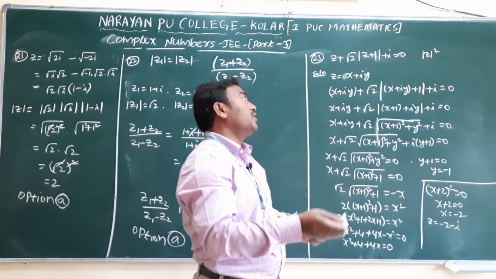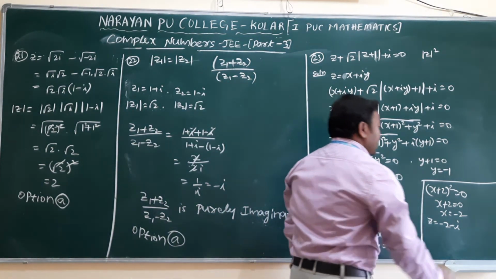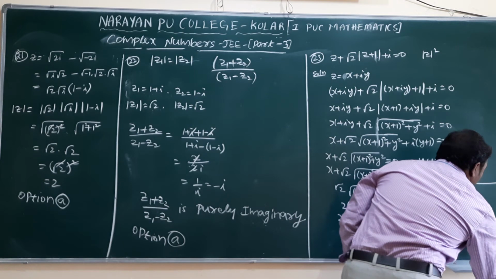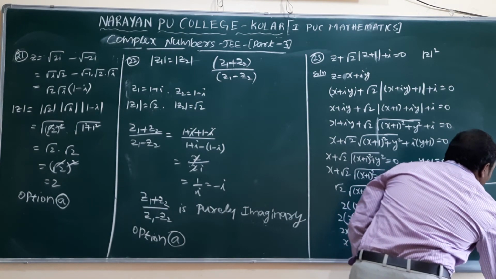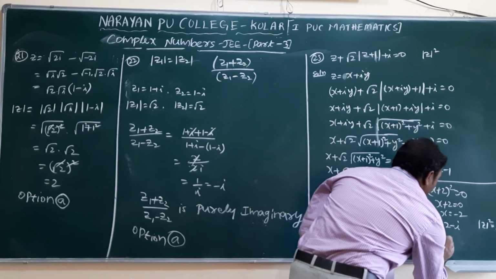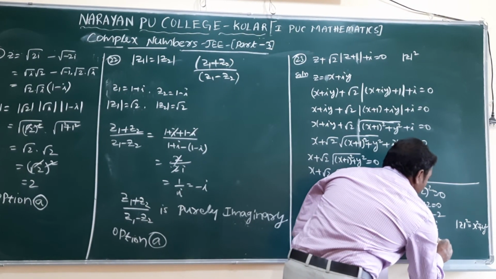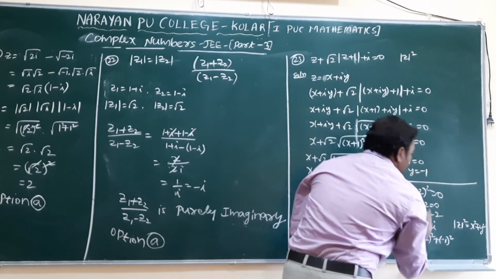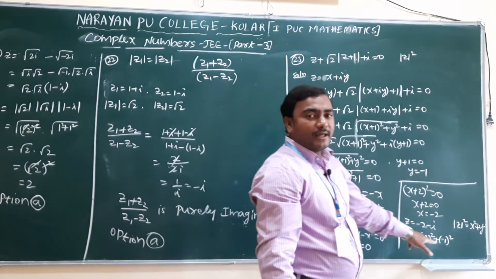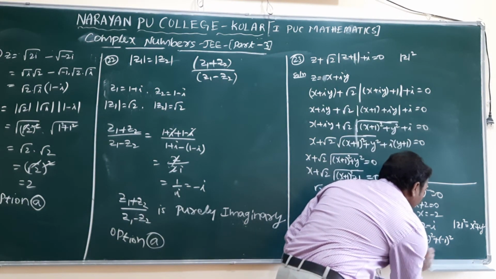We know the formula: modulus of z square is equal to x square plus y square. So here, x value minus 2 whole square plus minus 1 whole square. Minus 2 whole square means 4, plus minus 1 whole square means 1. 4 plus 1 we get 5.